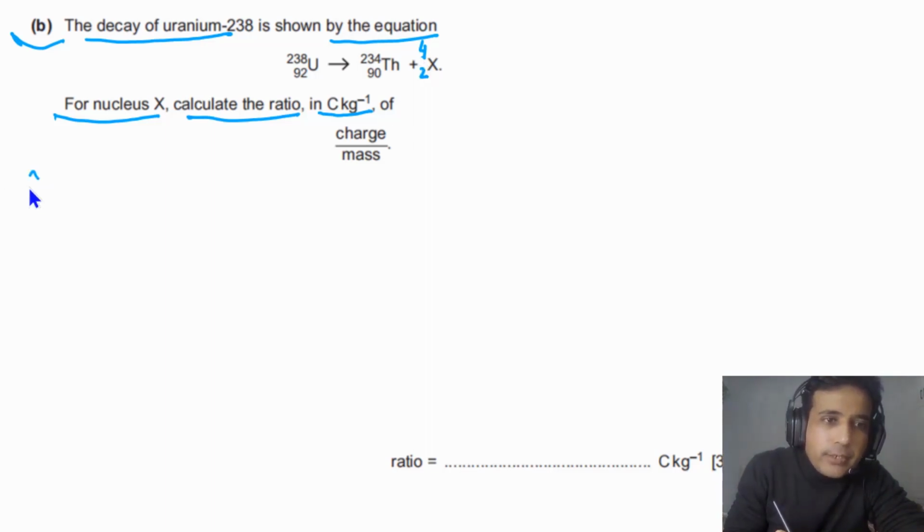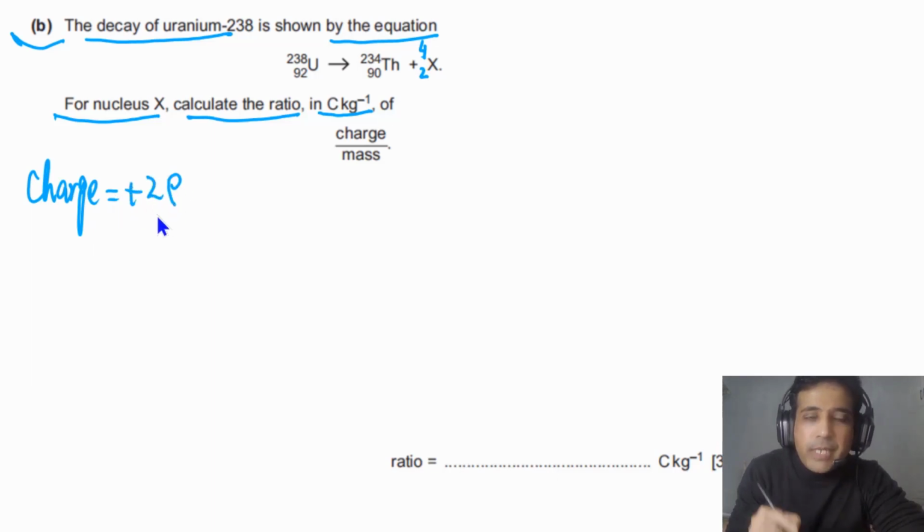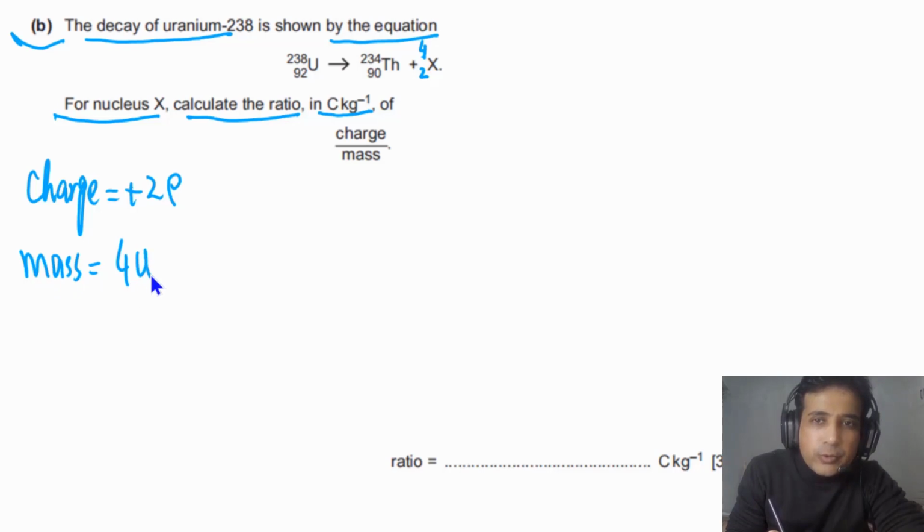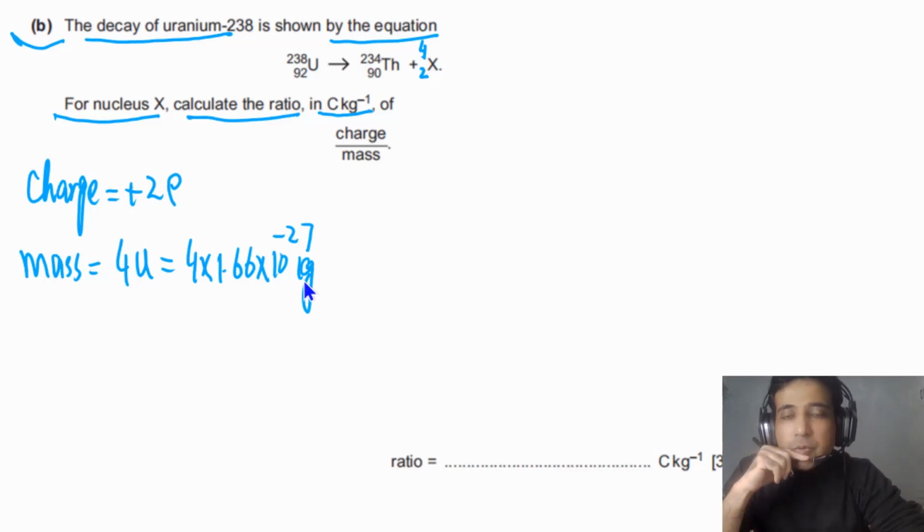So we can write down the charge on this nucleus. First of all, charge will be equal to plus 2 times E, and E is the charge on a single electron. And for the mass of this one, it has 2 protons and 2 neutrons. So we can write down mass will be equal to 4 u, and 1 u is equal to 1.66 times 10 to negative 27 kg, and the value of 1 AMU you can find in the data.